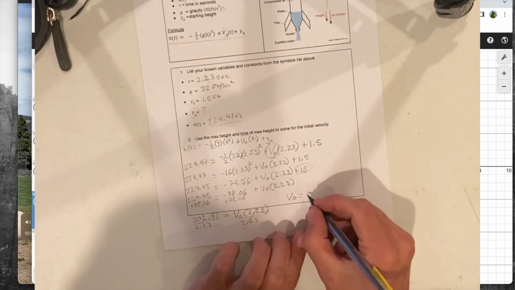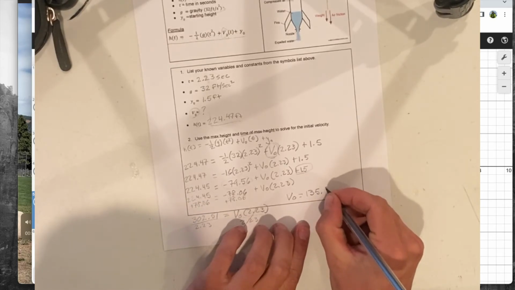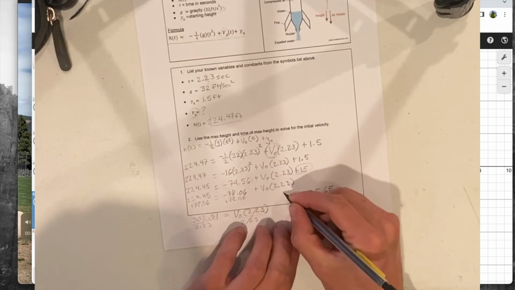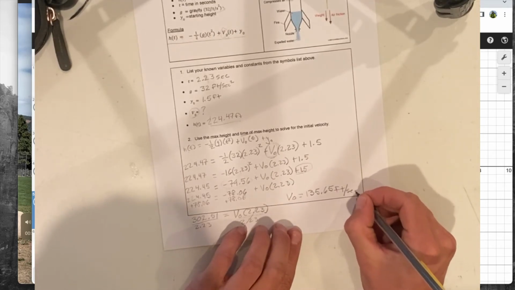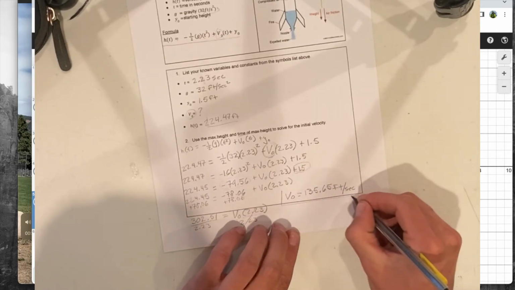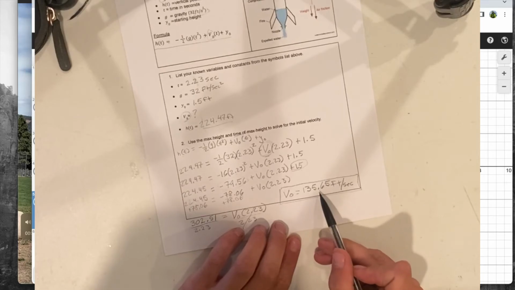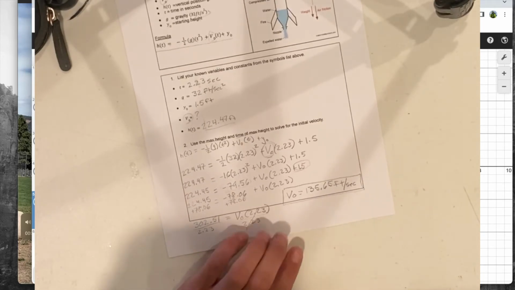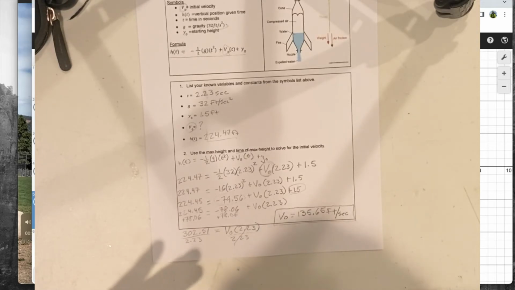So v naught is equal to 135.65, and this is feet per second. So right when the rocket leaves the launcher, it's going 135.65 feet per second, which is pretty fast. And that concludes this part of the rocket project calculations, which is the initial velocity.